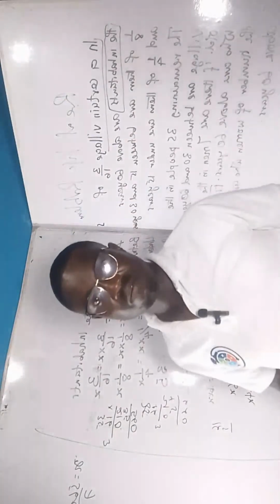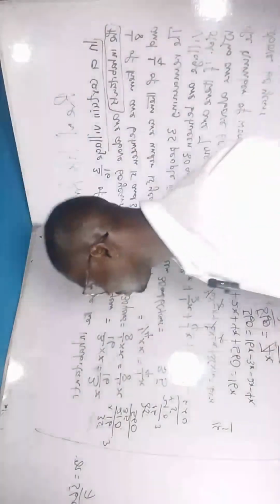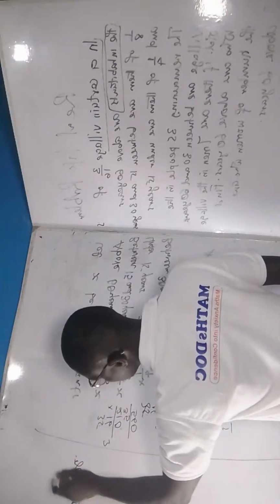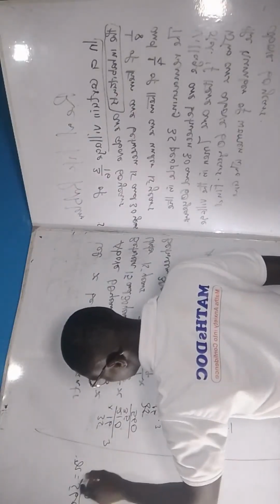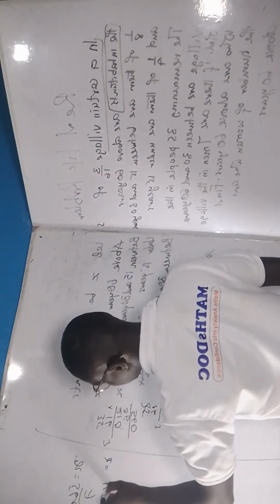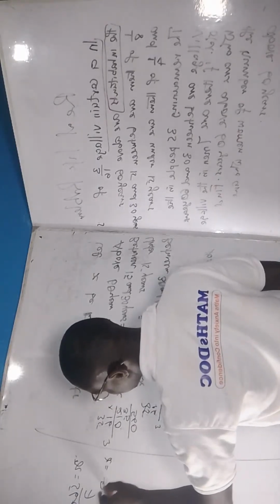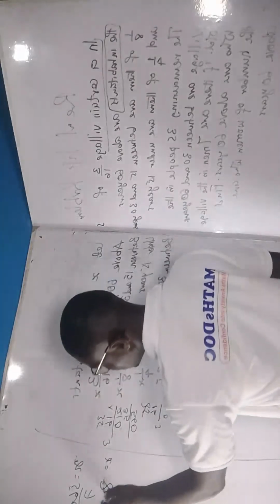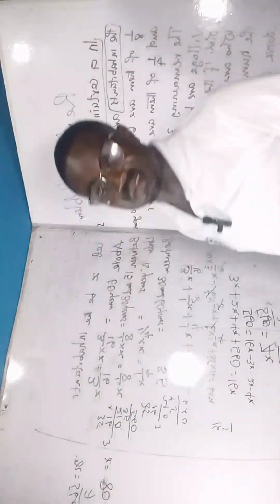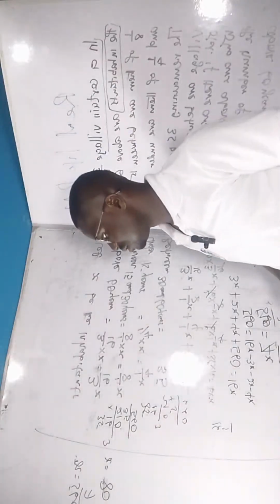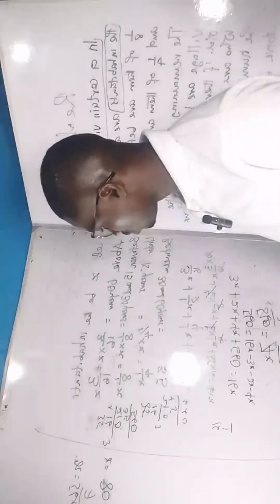Okay, x is equal to 80. Good. You see, our x is 80. So we now know our x.